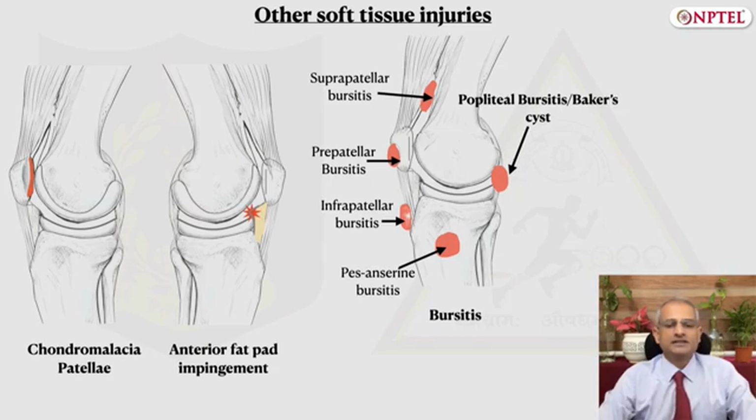Last but not the least is a condition called bursitis, which is inflammation or swelling of various bursae around the knee. The bursae are thin, fluid-filled sacs located normally in high friction areas around the knee. They help in cushioning and lubricating structures like tendons, ligaments, and muscles, and thus enable smooth and pain-free movements.